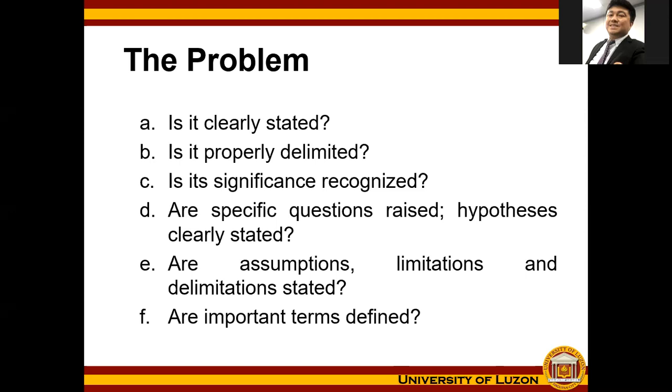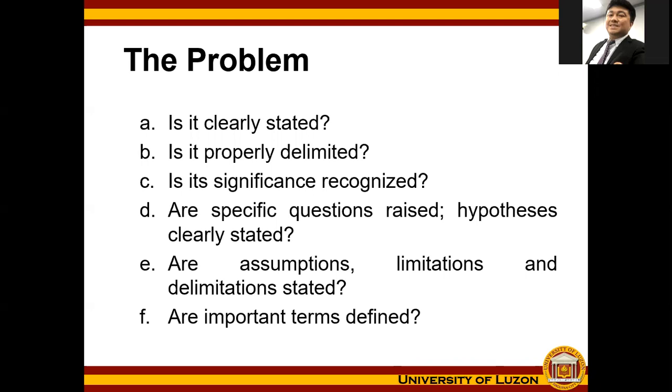And then we have the terms to be defined. Always remember this, okay? And I'd like to point it out that for the terms to be defined in the first chapter, it will be only for the terms that are reflected in the title and the statement of the problem. Please take note of this.